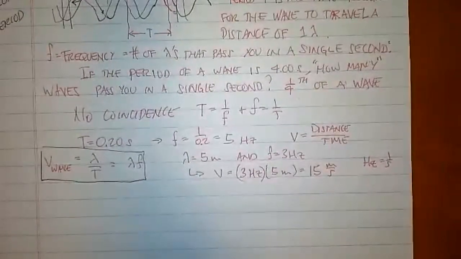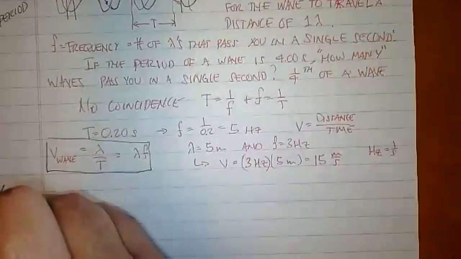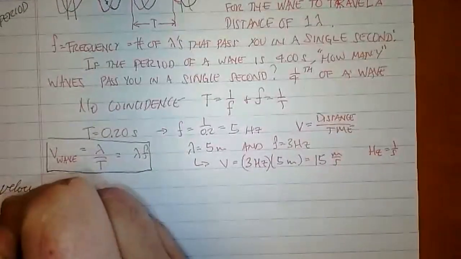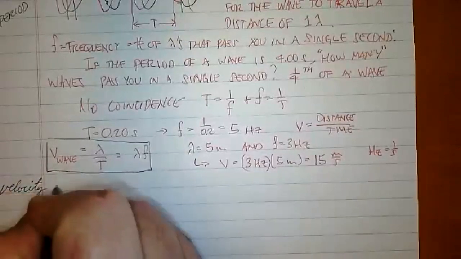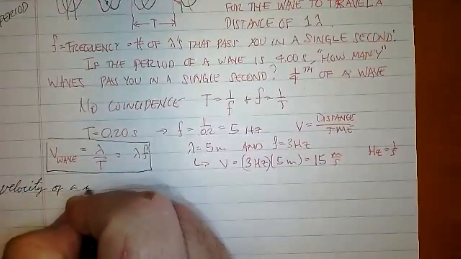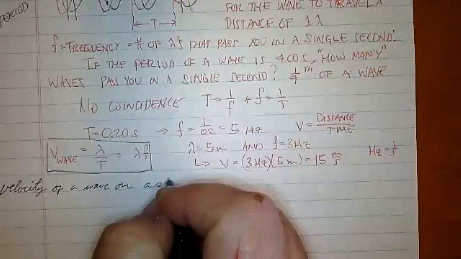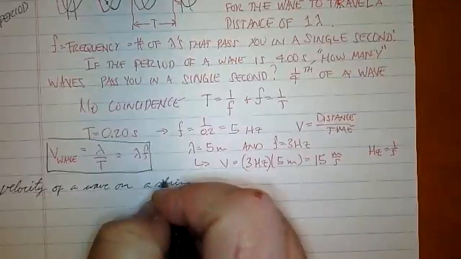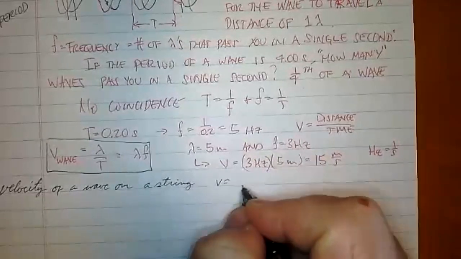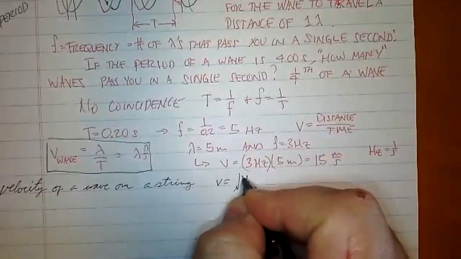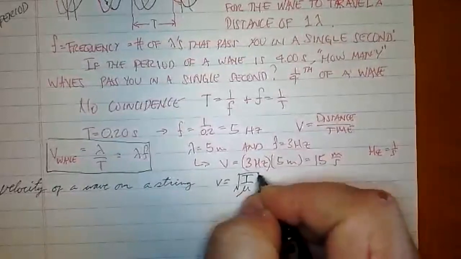With that in mind, I'm going to give you some nice, neat equations that give us stuff that we can use. So for instance, we know that the velocity of a wave on a string is V equals the square root of the tension divided by the mass per unit length.